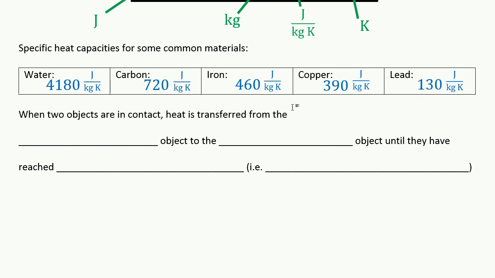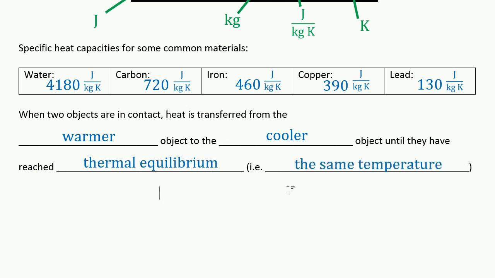Now, there's one more tidbit I need to give you before we start solving problems to do with thermal energy and heat. And that's that when two objects are in contact, heat is transferred from the warmer object to the cooler object. That should be fairly obvious, until they've reached what we call thermal equilibrium, which is a fancy way of saying they have the same temperature.